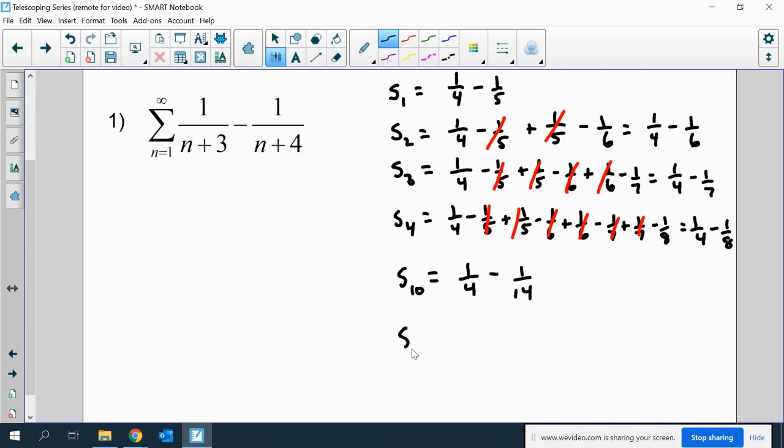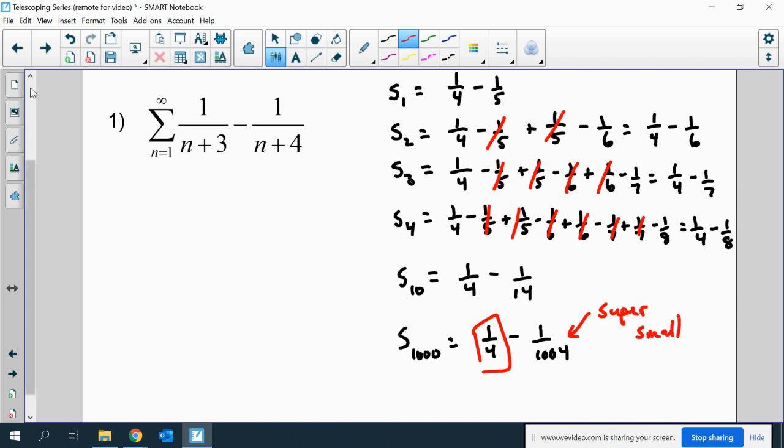So what if I have s sub 1,000? That would be 1/4 minus 1 over 1,004. What you're noticing is that this 1/4 doesn't change, and this gets super small.